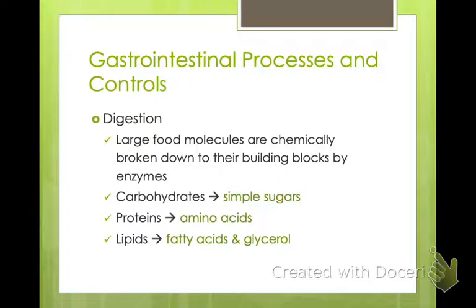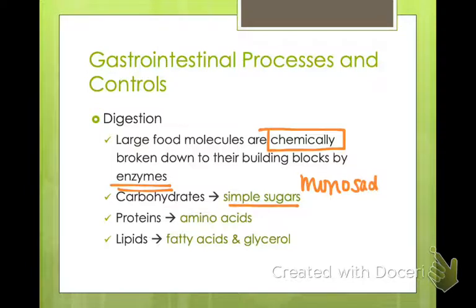So after mechanical breakdown, it's going to move into digestion. And digestion is where we're taking those large food molecules, and here they're being chemically broken down by enzymes. So carbohydrates that you eat, those long chains of sugars, are going to be broken down into monosaccharides, simple sugars.